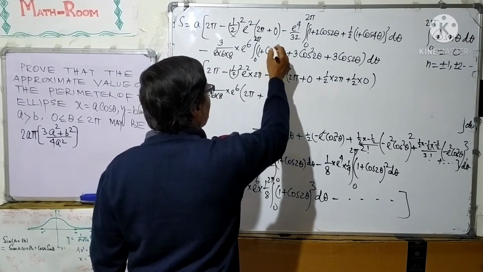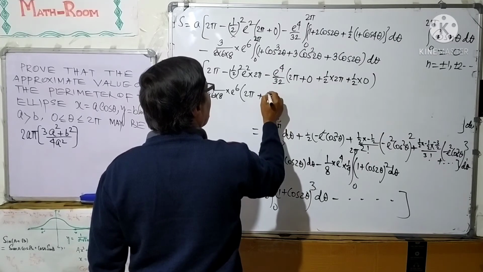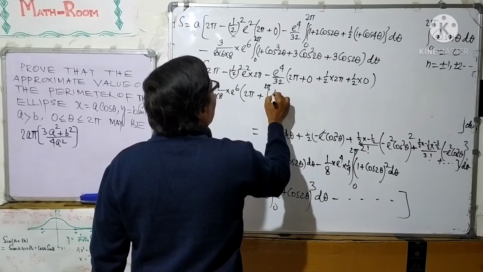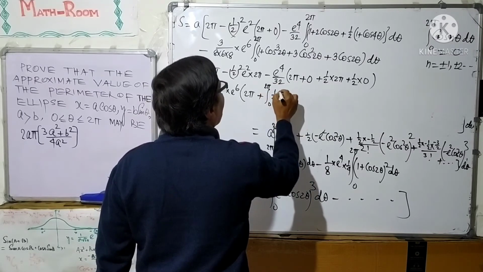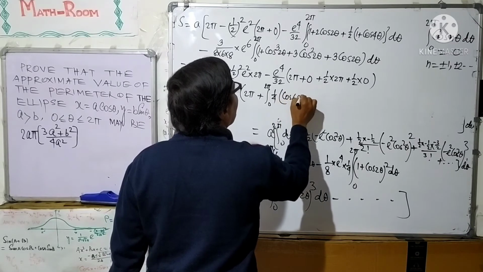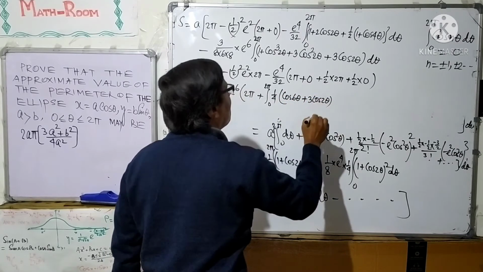This is the formula. Cos cube 2 theta is 0 to 2 pi 1/4 cos 6 theta plus 3 cos 2 theta d theta.